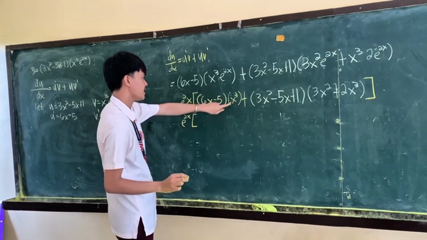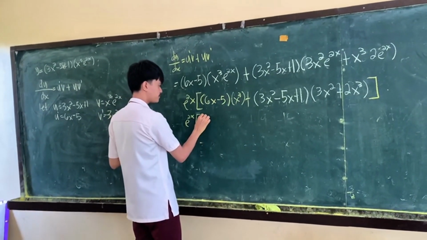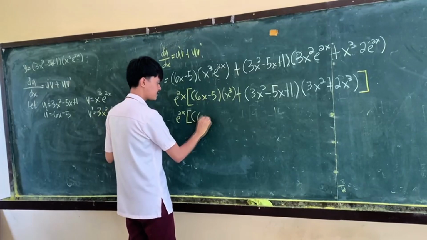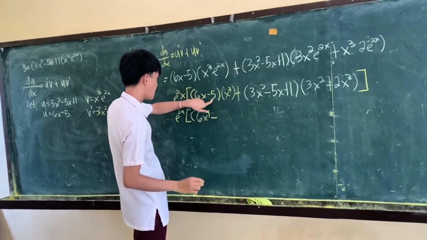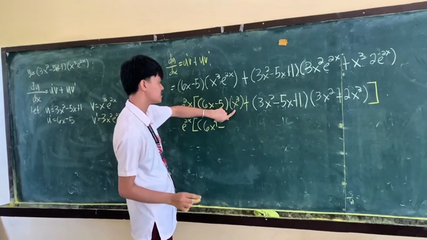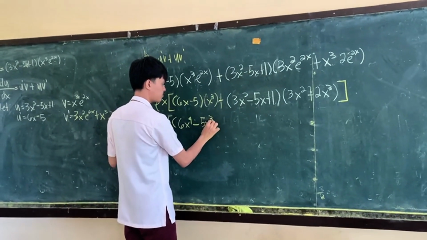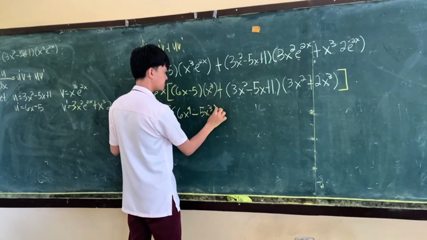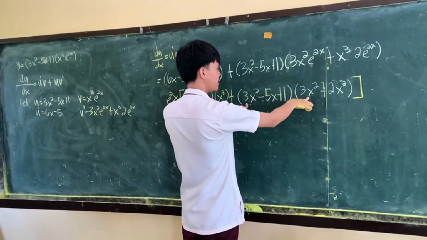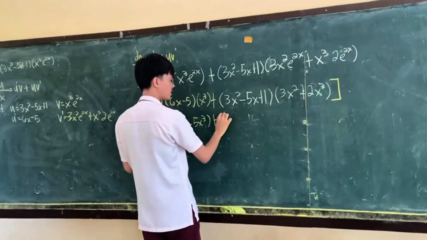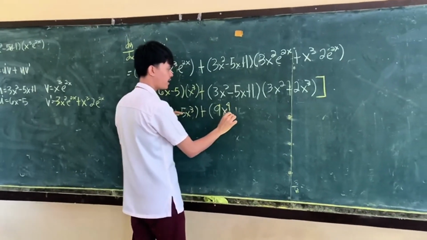Then, 6x times x cubed is equal to 6x raised to the power of 4 minus 5 times x cubed is equal to 5x cubed plus 3x squared times 3x squared is equal to 9x raised to the power of 4.